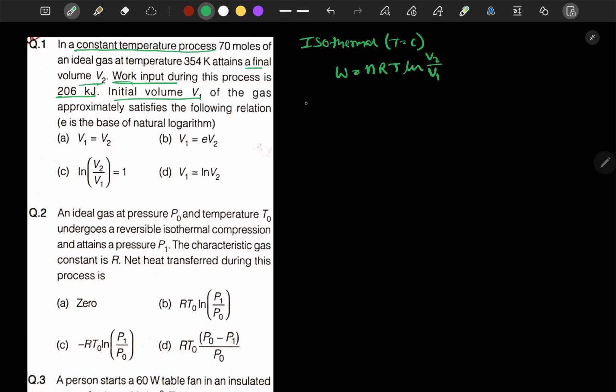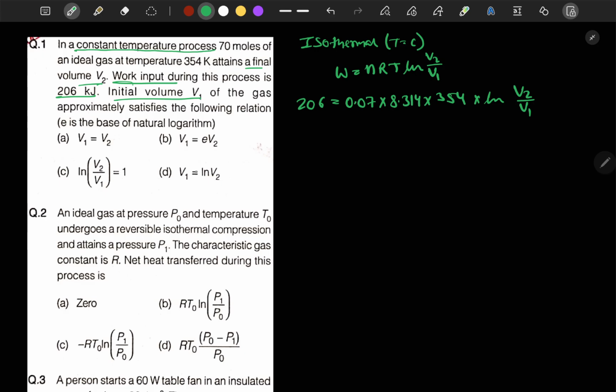You are given that the work done is 206 kilojoule, which is equal to the number of moles, 70 moles, that is 0.07 kilomole, into 8.314 kilojoule per kilomole Kelvin, and the temperature is 354, into ln of V2 by V1, as given.